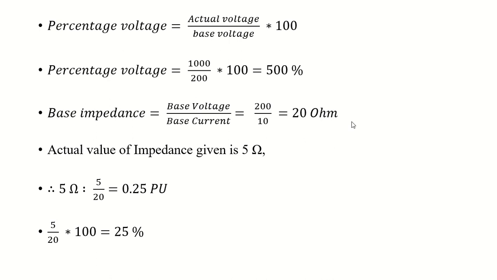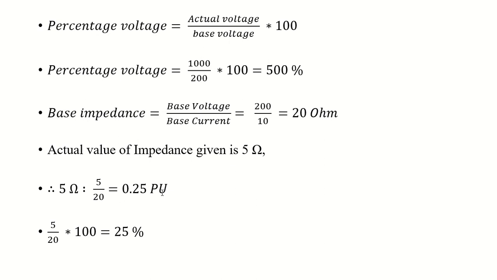But when calculating per unit values or percentage values, both of them will be unitless. At the end of per unit values, we will write pu, or per unit, and at the end of percentage values, we will simply write the percentage sign.